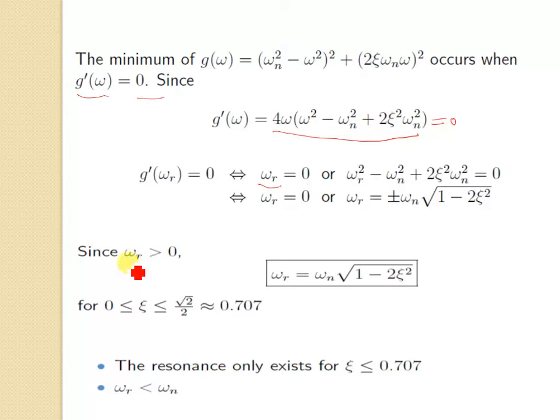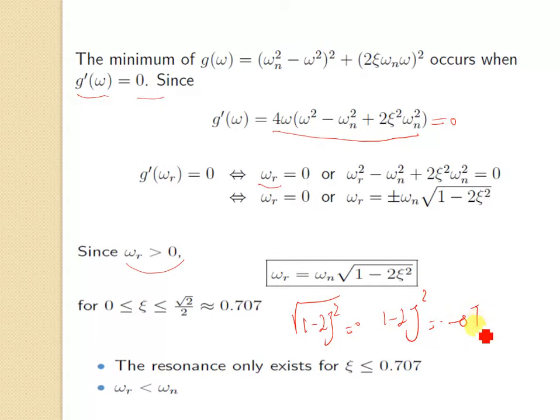Since omega is bigger than 0, the resonance frequency is the positive value of this root: omega n root of 1 minus 2 sigma squared. If this is equal to 0, you find 1 minus 2 sigma squared equal to 0.